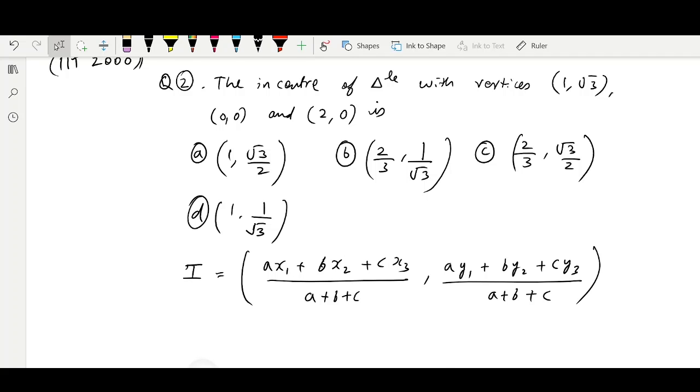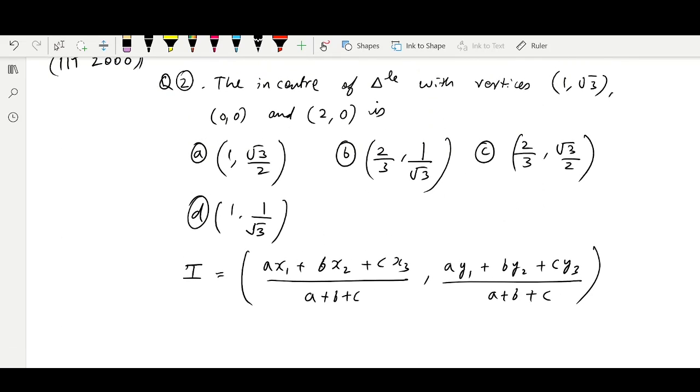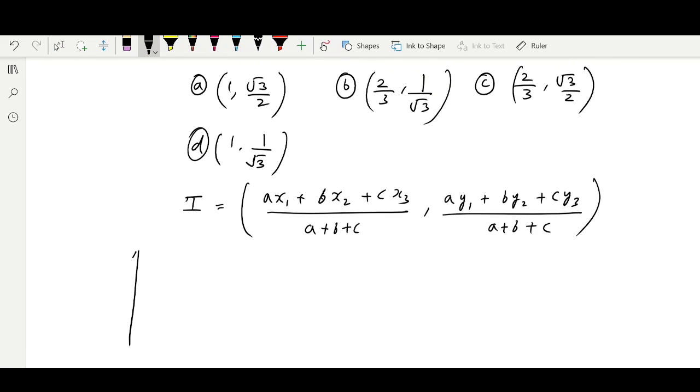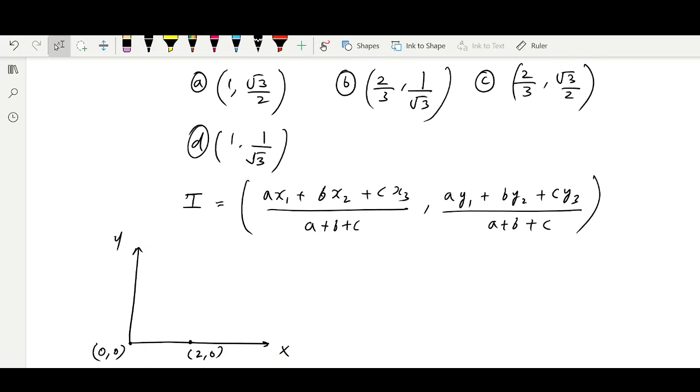If we draw an axis system x, y, then one point is at 0, 0, the other point is at 2, 0, and the third point is at 1, root 3, right? So 1, root 3 will be somewhere here.